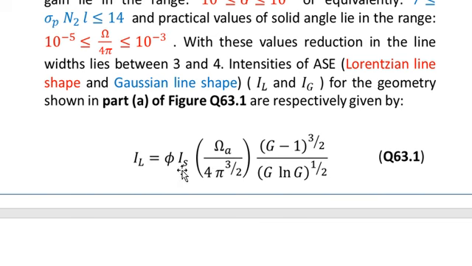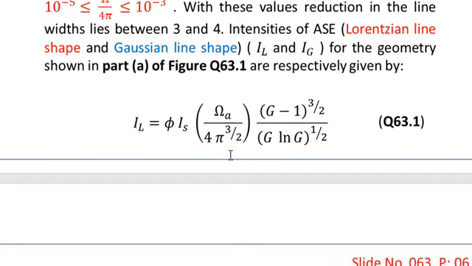IL is equal to phi into IS, where IS is the saturation intensity, multiplied by sigma A over 4 pi raised to power 3 by 2, and then after that we have G minus 1 raised to power 3 by 2 divided by G multiplied by log of G, whole raised to power half. So this is the saturating intensity in case of Lorentzian line shape for the geometry A, because we are using over here sigma A as given in equation number 63.1.